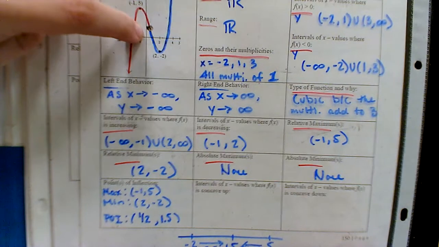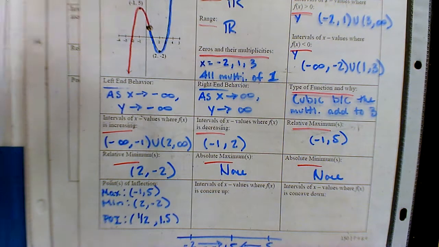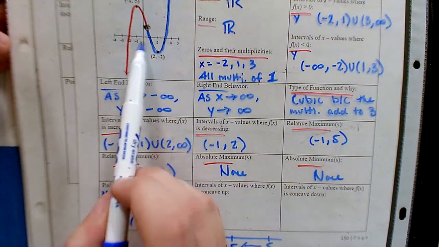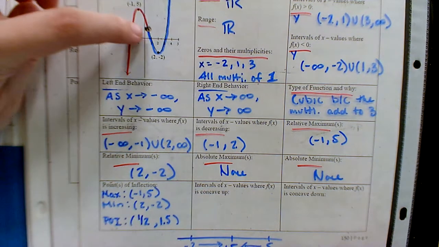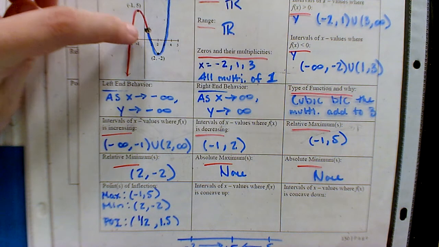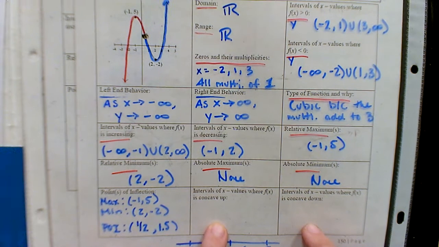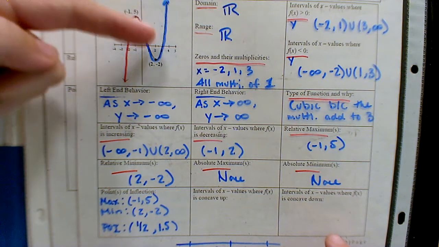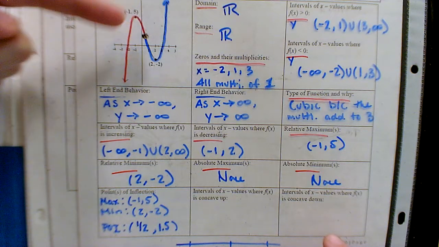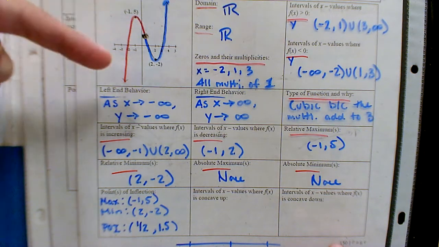Okay, so now that we know what this coordinate is exactly, even though it's not really listed, and we'd have no idea what the tick marks are on the y-axis, we know exactly where this one is. We can use that point of inflection to help us list the intervals. Where are we concave up? Where are we concave down? So our first curvature we drew is concave down. It looks like an upside down parabola.